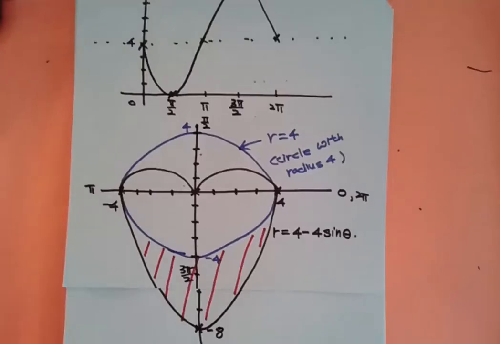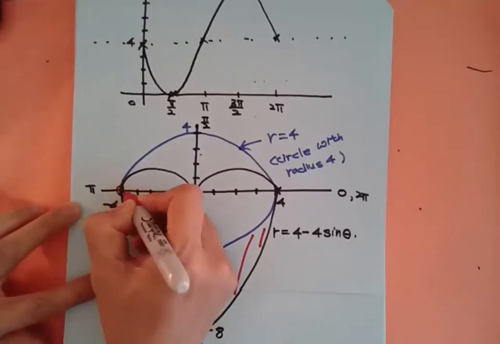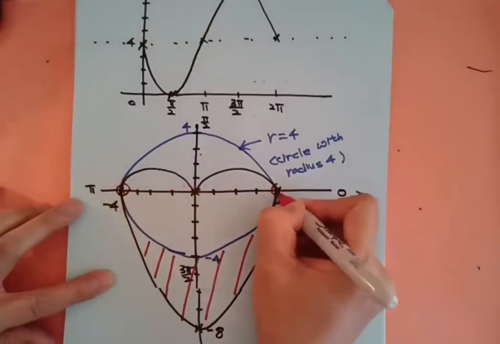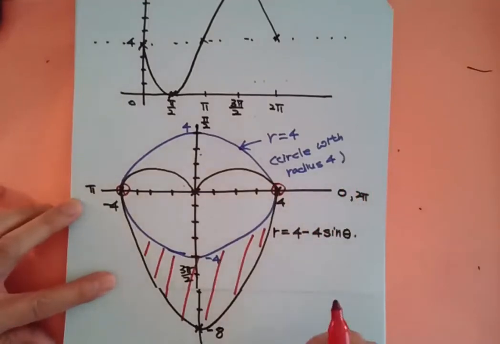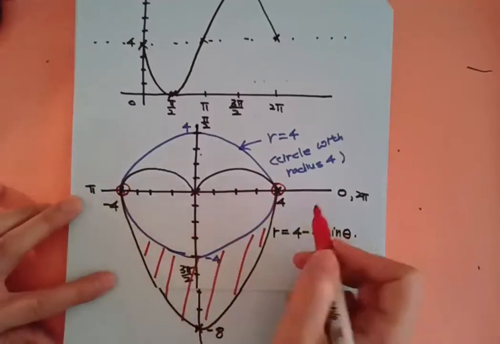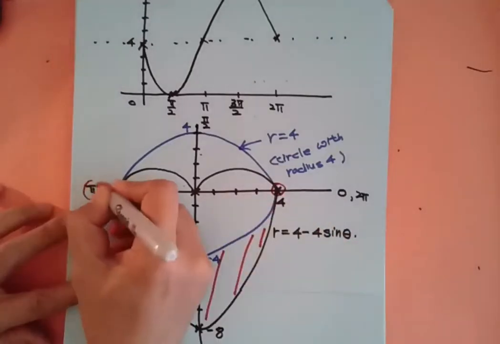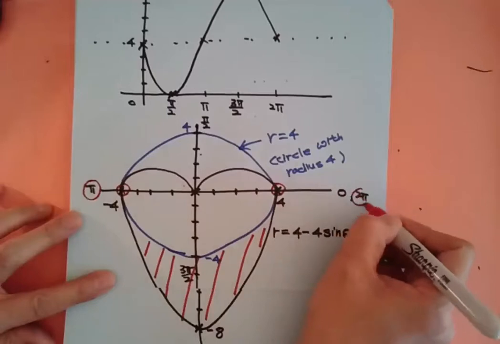And when we just look at the graph, definitely those two are meeting here. We are thinking about the polar coordinate, so the angle is important. For these intersection points, the corresponding angles are pi and 2 pi.